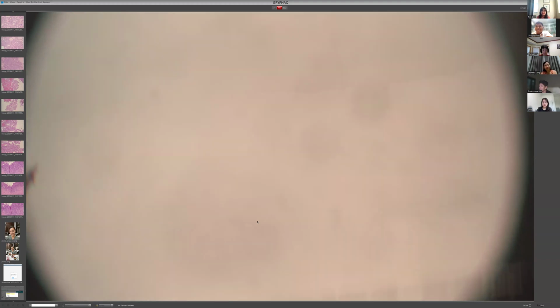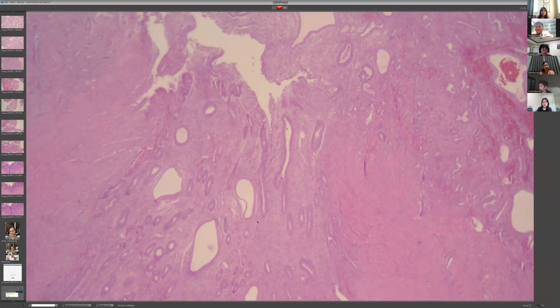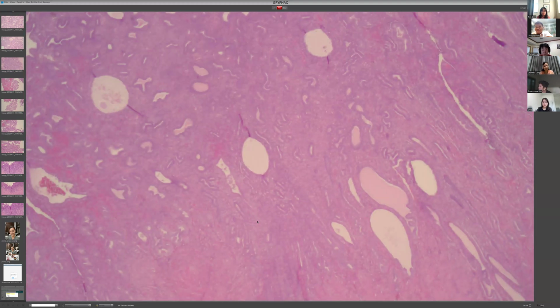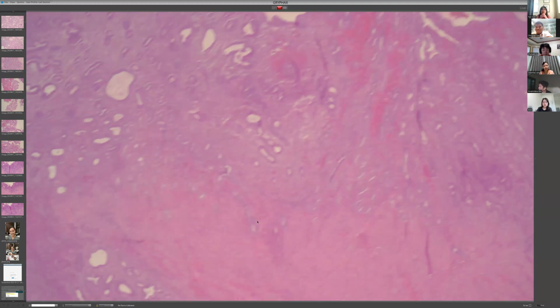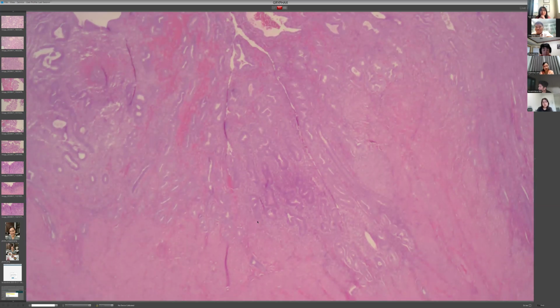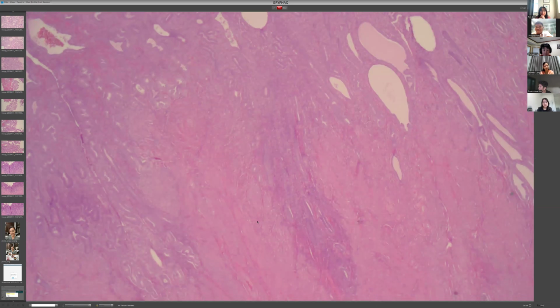Let me show you this case. We're going into abnormal pathology now. This was a specimen for abnormal bleeding.